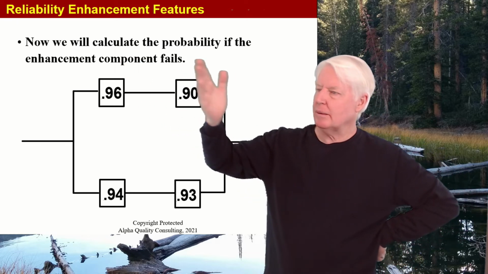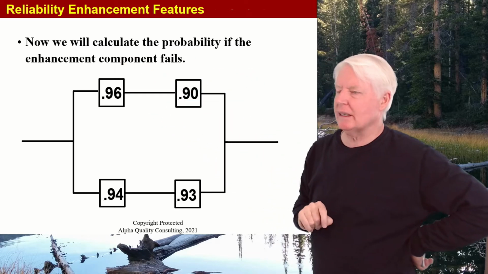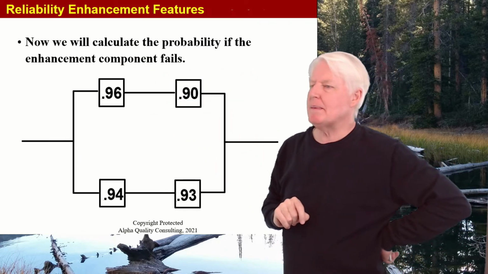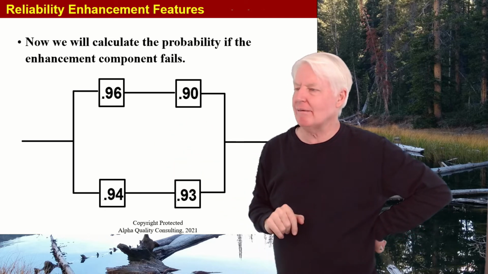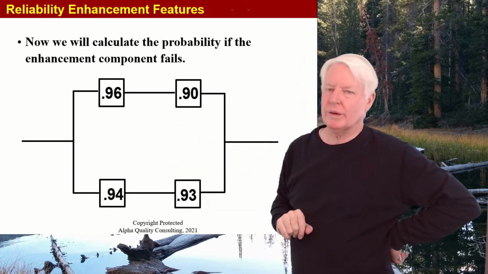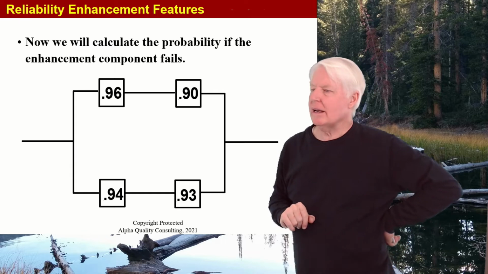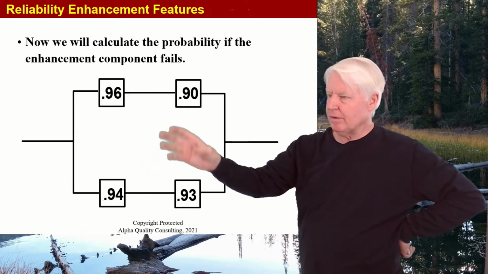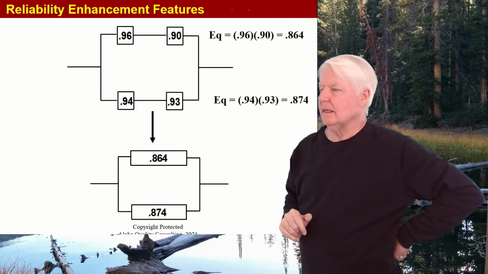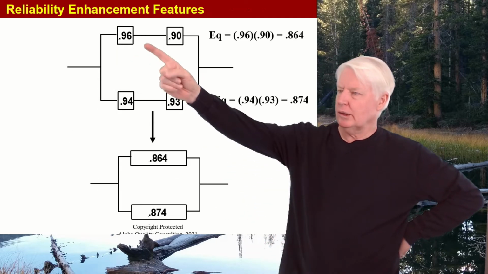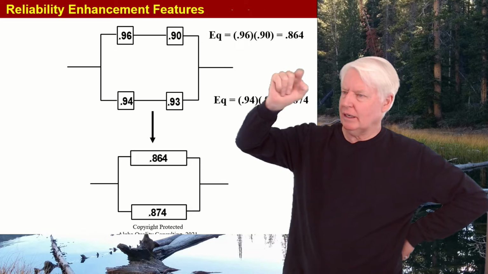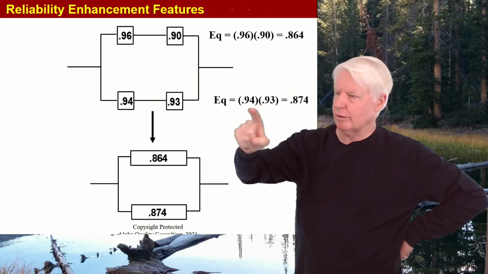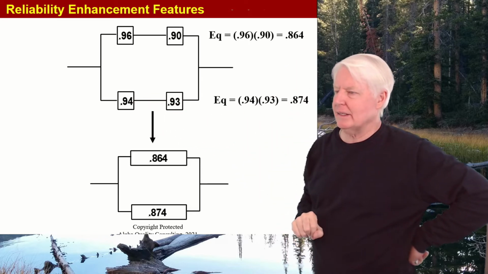Now we will calculate the probability if the enhancement component fails. So maybe you changed the oil, but you didn't have any of this additive, so you have to run it without, for example. This one isn't very hard. You multiply these two, simplify it into a parallel system, and go from there. I multiply 0.96 times 0.90, which gives me 0.864. 0.94 times 0.93 gives me 0.874.